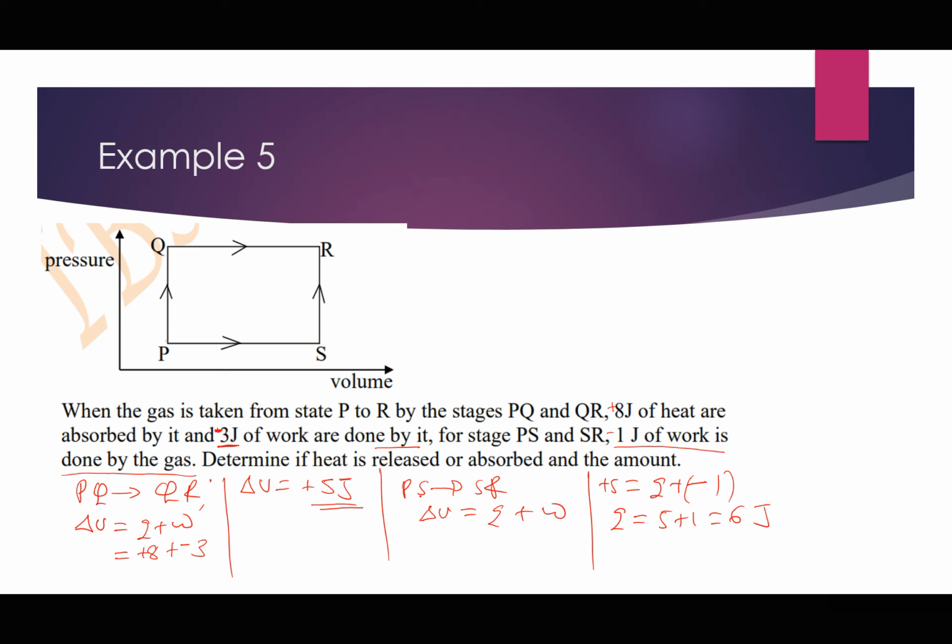So when I follow PSR, Q is 6 joules and it is positive. The positive value of Q means heat is absorbed, so we conclude that it is added to the system. Okay, so that is example number 5.